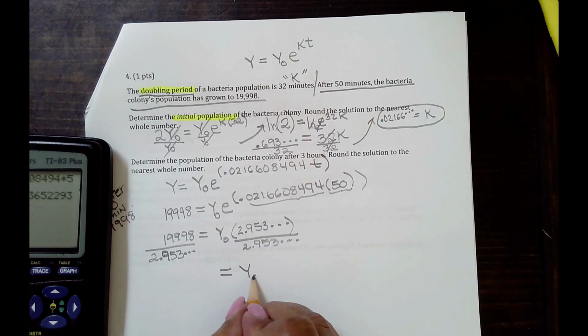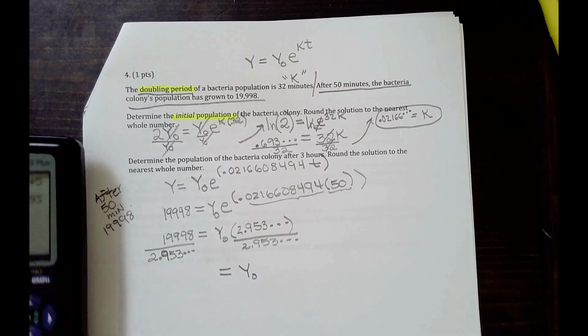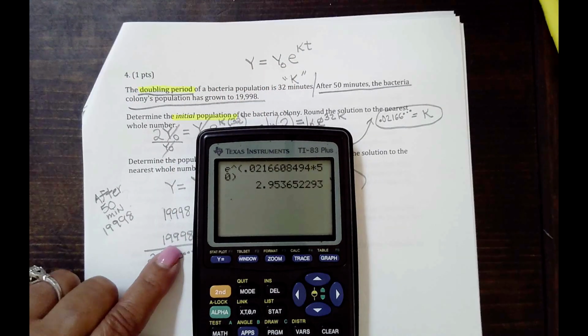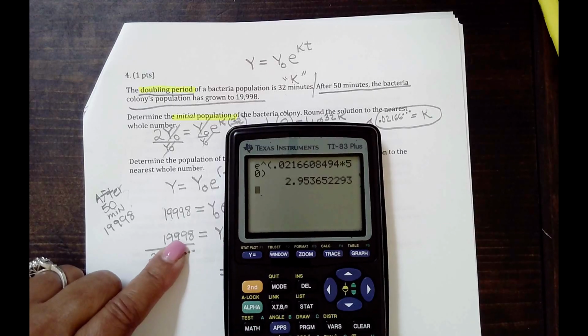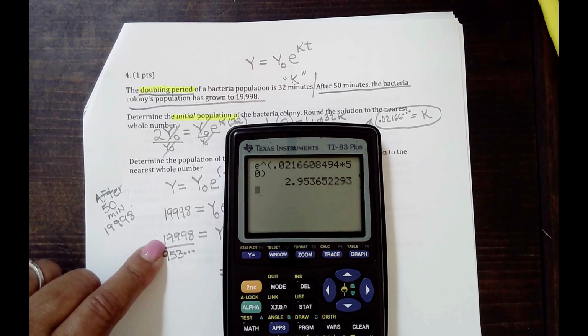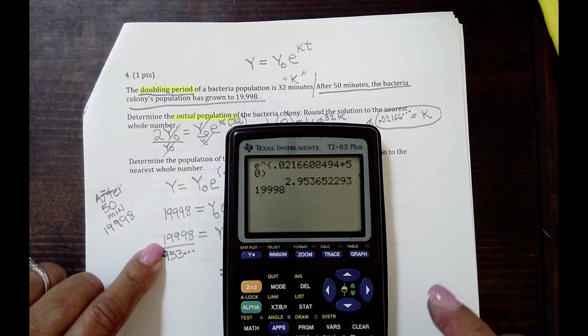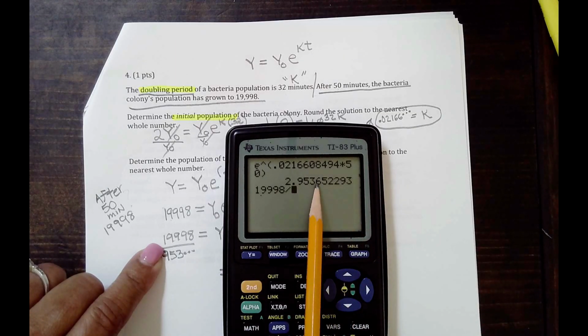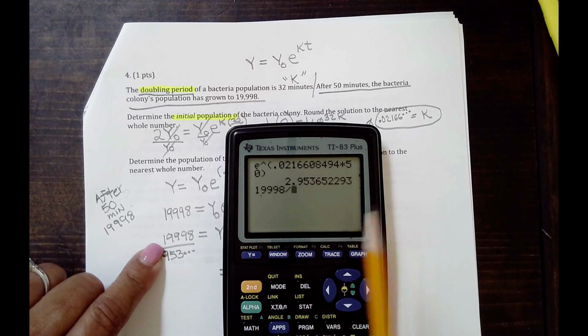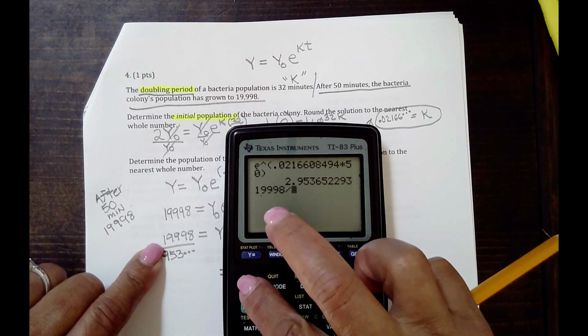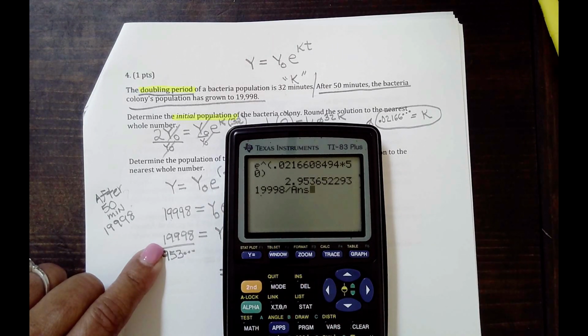So the initial population is 19,998, what I'm pointing to right here, divided by the answer that was on the previous step in my calculator window. I'm just going to press second answer as my divisor to dump that entire number right in here.